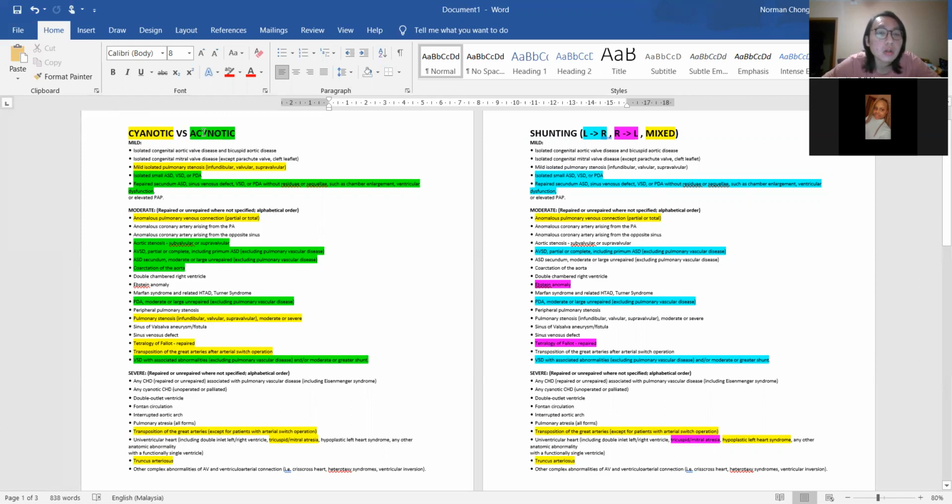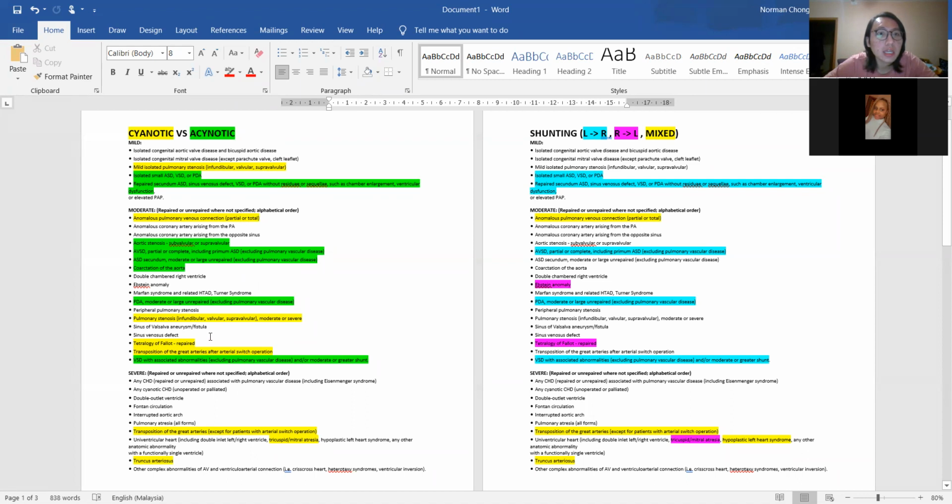So what I would like to draw your attention towards is not where they are, but how the colors are distributed. Now, you see that cyanotic and acyanotic. If you notice, the cyanotic heart diseases are mainly grouped under moderate and severe.